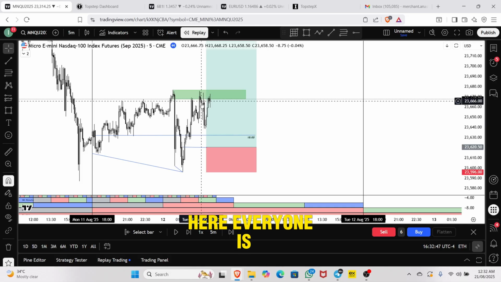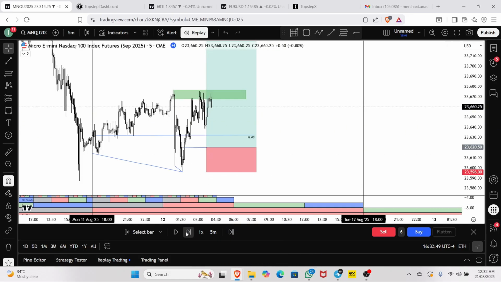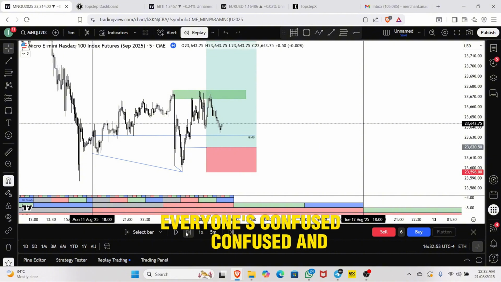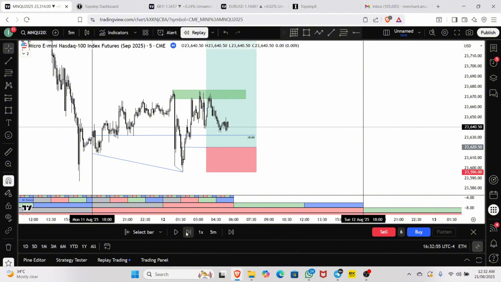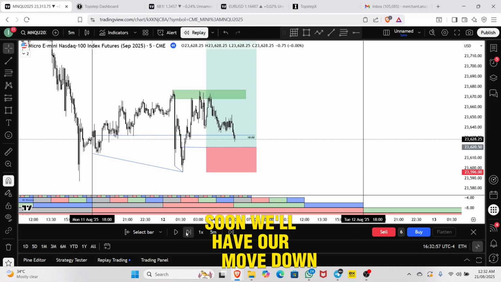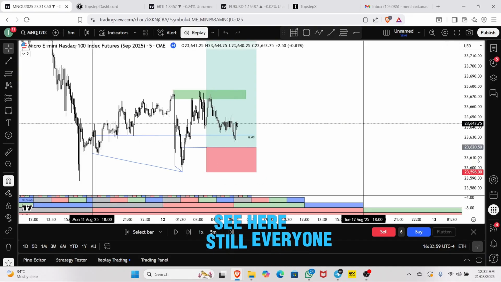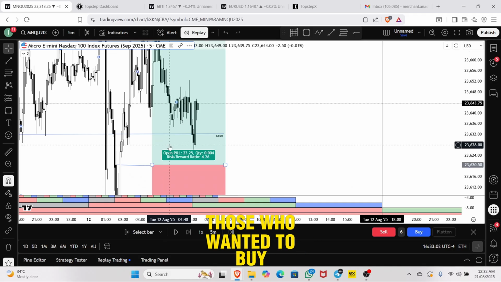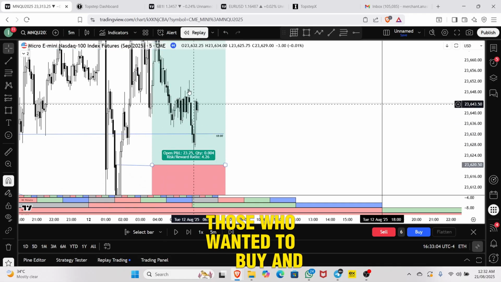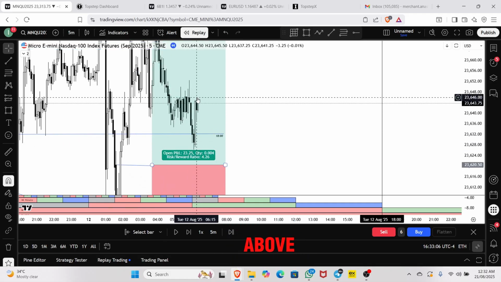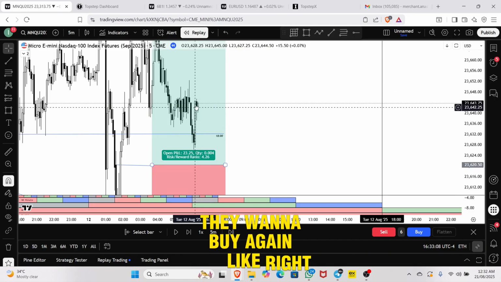Here, everyone is being chopped off. Everyone's confused, and confused again. Soon we'll have our move down. Everyone who wanted to buy sees this fake move above and wants to buy again, like right there.